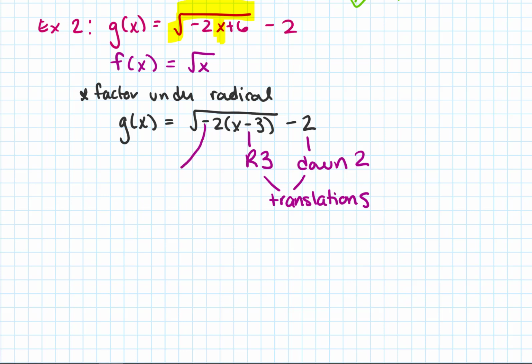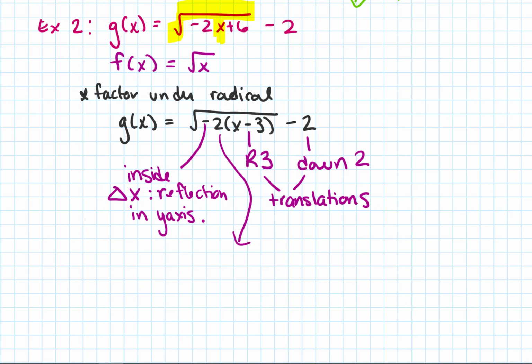We have a negative that is on the inside of the parent function. Anything that's on the inside of the parent function changes our x values. So that means that if our x values are being changed, the name is a reflection in the y-axis. That's what's going to make our x values change.